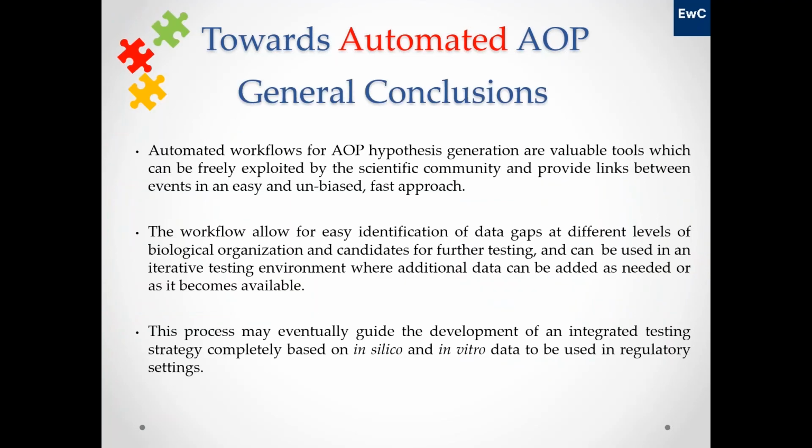So what we could say is that this could be a valuable tool to be freely exploited by the scientific community and to provide the links between events in a very easy, unbiased and fast approach.